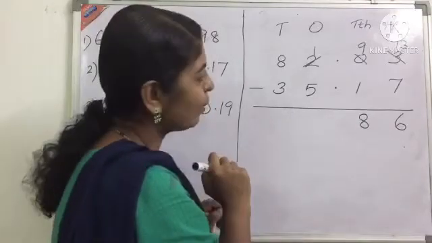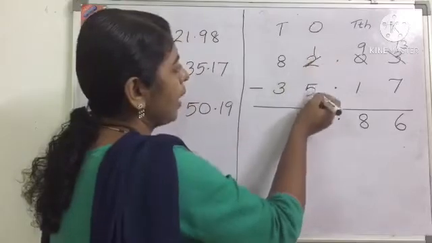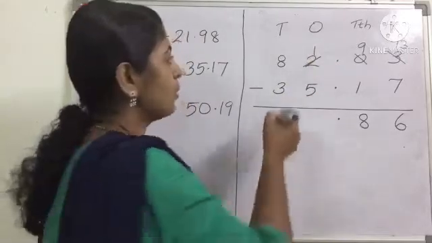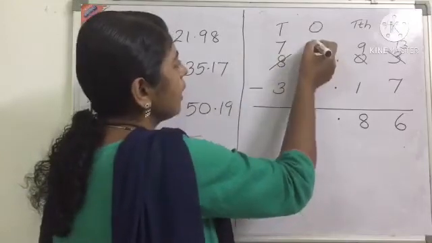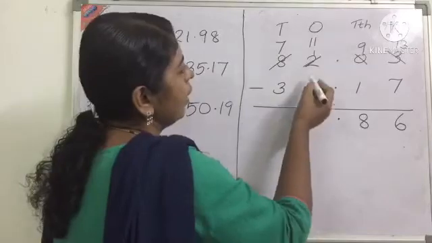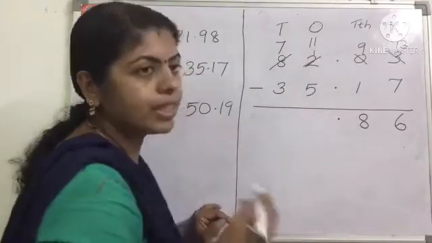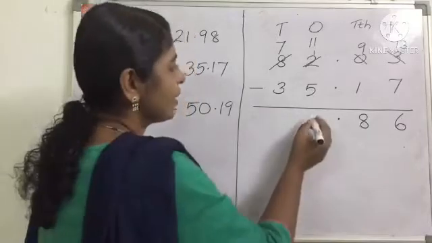After that, what will we do? We will put the decimal point. Okay. Then 1 minus 5. It's not possible. So we can take 1 from here. It becomes 7. And this 1 will become 11. Okay. Then 11 minus 5. What is the answer? 11 minus 5. Yes, it's 6.